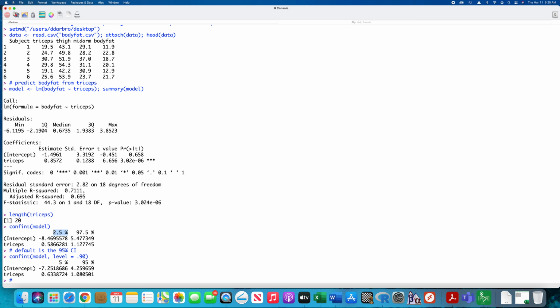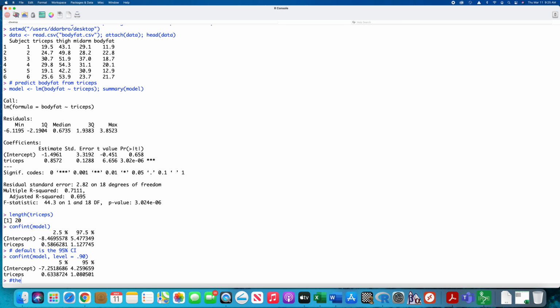Because that 5% has to be distributed equally, because of symmetry, you have 2.5% in the left tail and 2.5% in the right tail. So the lower bound has 2.5% below it. The upper bound has 97.5% below it because it has that 2.5% above it.